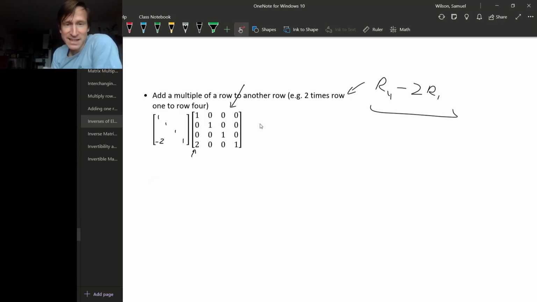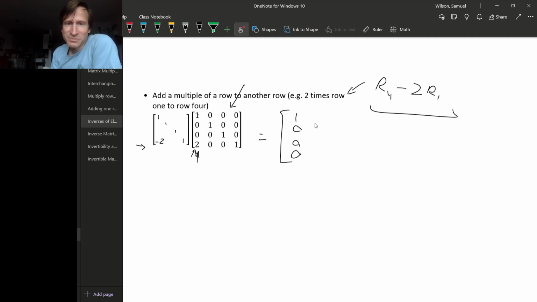So let's check that this does give us the identity matrix. So going down the first column here and first row there. So 1, 0, 0, 1, 0, 0. And then when the first column hits the last row, we get 1 times minus 2 plus 2 times 1. So that all cancels and we get 0.